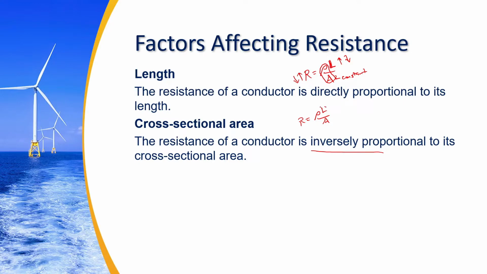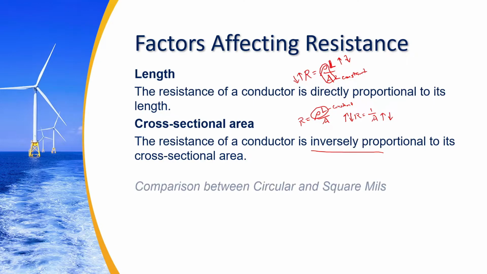Kung gagawin nating constant ang ρL, ang magiging itsura niya is R is equal to just 1 over A. Tama? Meaning, kapag lumaki yung area mo, bababa yung resistance mo. Pero kapag bumaba ang cross-sectional area mo, tataas naman yung resistance mo. Okay? Kasi inversely proportional sila.